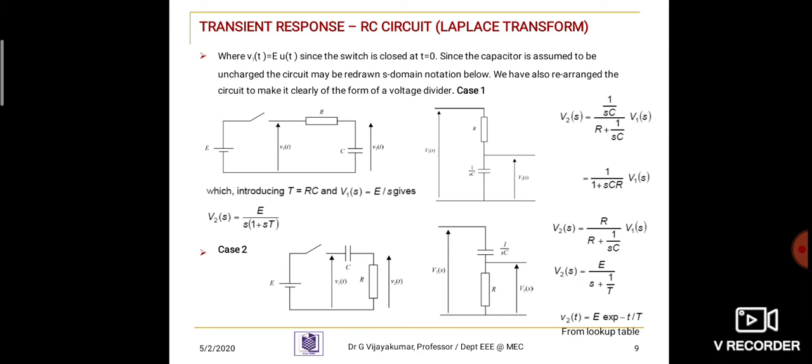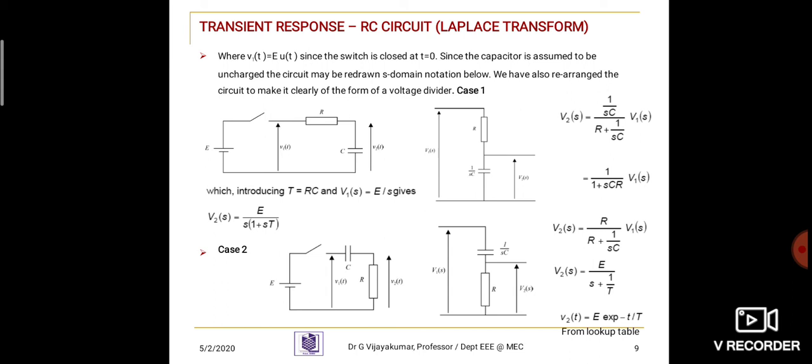While going for an AC case, I mention it as V suffix M, the maximum voltage. With time constant T equal to RC, it gives V2 of S is equal to E divided by S plus 1 by T. The inverse is ready from the lookup table, as we have already seen.